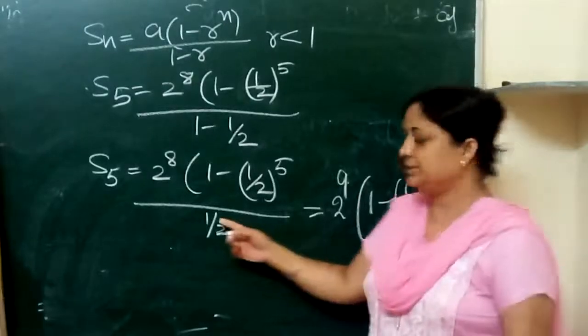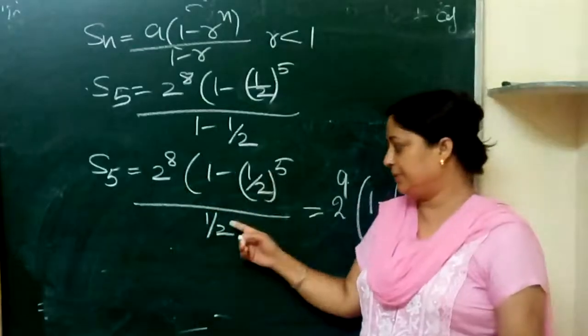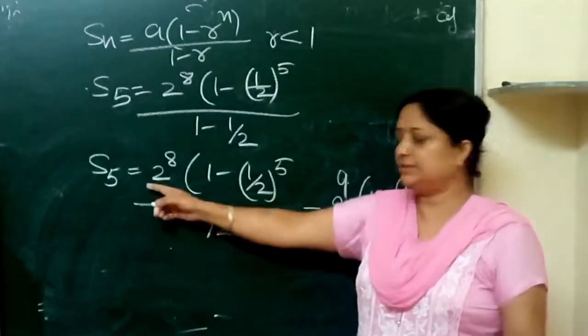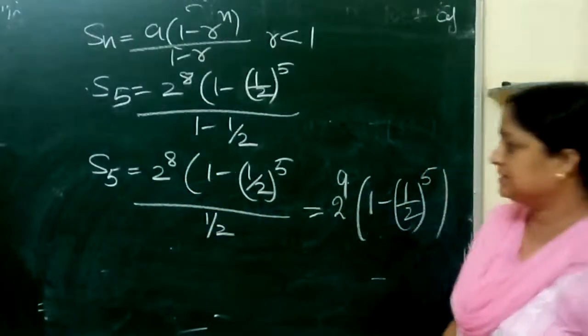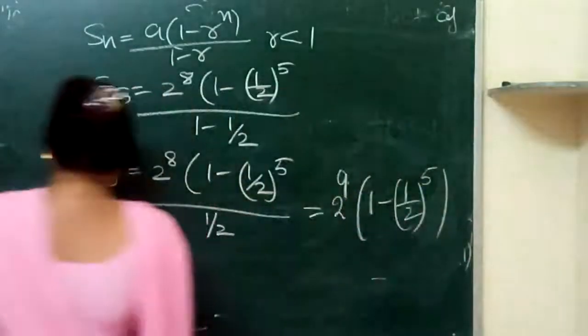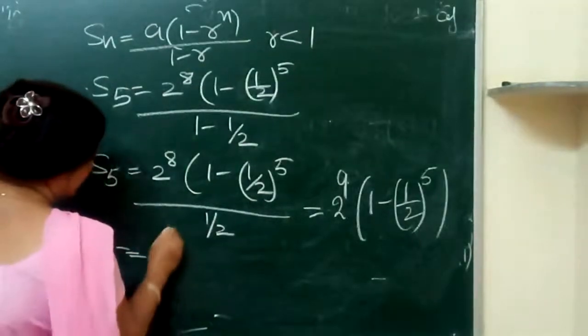Again I am telling you, this term is 2 raised to power 8 into this term upon 1 by 2. So 1 by 2 multiplied with this term, it will come 2 upon 1. So that's why 2 raised to power 9 is coming here. So S5 is equal to 2 raised to power 9.